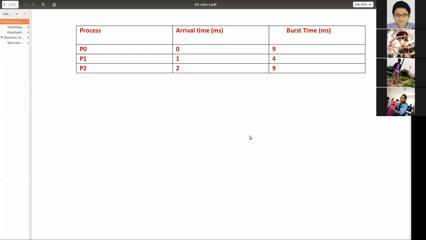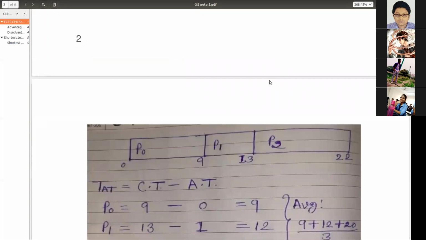Then P2, its arrival time is 2 and burst time is 9 again, so P2 will run up to 13 plus 9, 22.